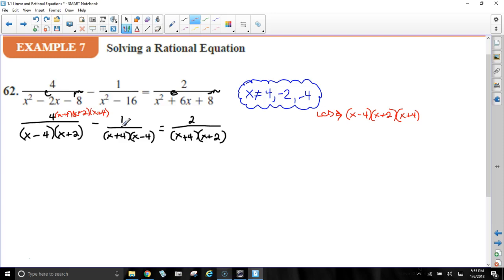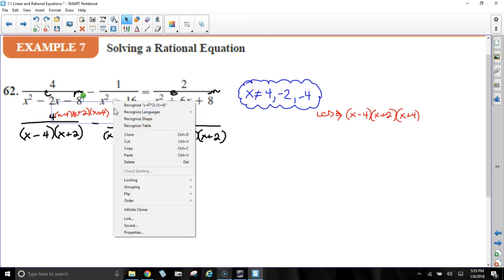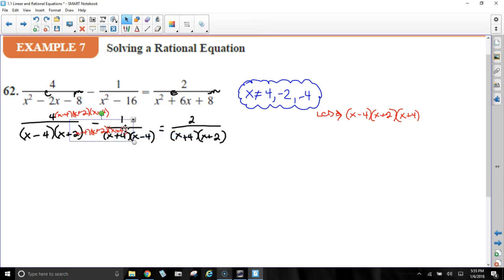So instead of trying to write that out 3 different times, that's enough of a mess the way it is. With my smartboard, I have the ability to clone and clone again and then move them over where I want them to be. Doesn't that kind of make you mad that I can do that? But I can. And so you do, though, with your pretty handwriting, want to recopy all of those, multiply.